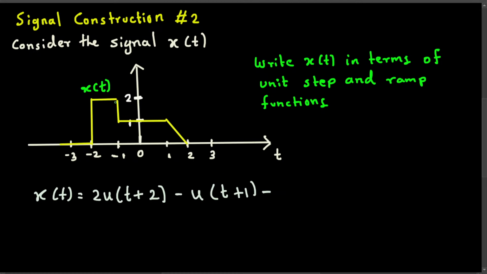Here also this is going down and stops at 1, that's why we just put -1 right here. So minus ramp function r, and this is happening at 1, which is 1 unit to the right, so this is going to be t minus 1 right here.